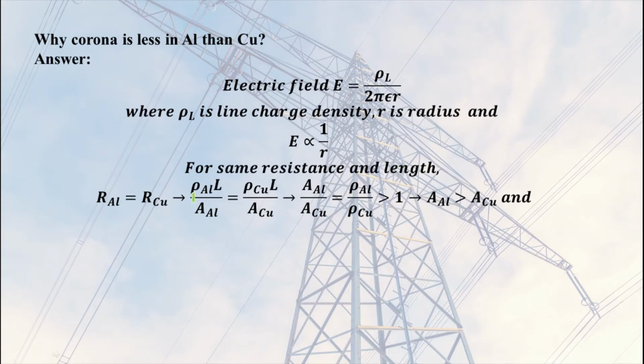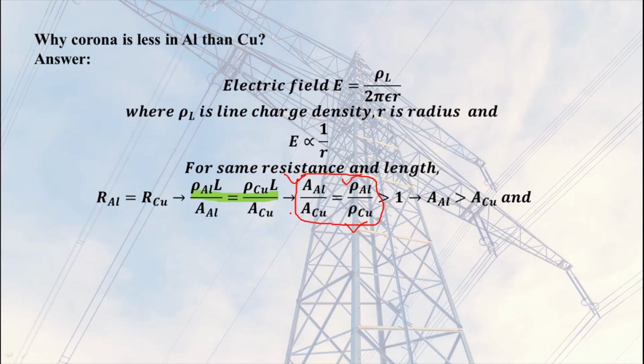So here you can see length of both the copper and aluminium conductor is same while resistivity and area is different. Now equate both equations because we assumed that resistance of both copper and aluminium is same. So on equating we get rho Al, means resistivity of aluminium, divided by resistivity of copper is equal to area of aluminium divided by area of copper.